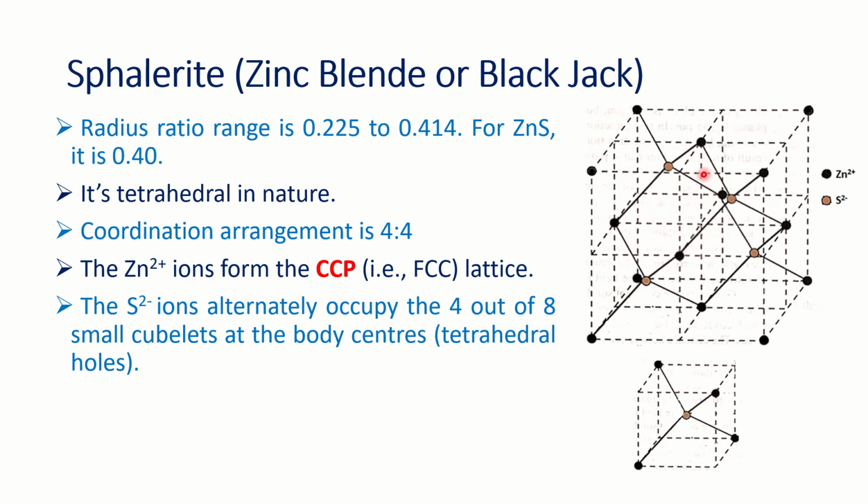So in this picture, the front right top cubelet is occupied, but the front left top cubelet is not occupied. This is the back left top, which is occupied. On the other hand, the back right top cubelet is unoccupied.